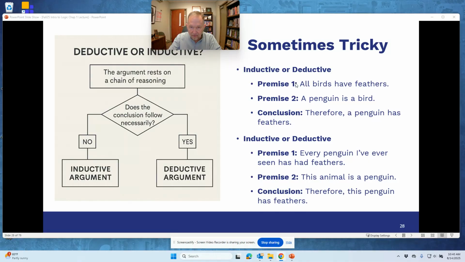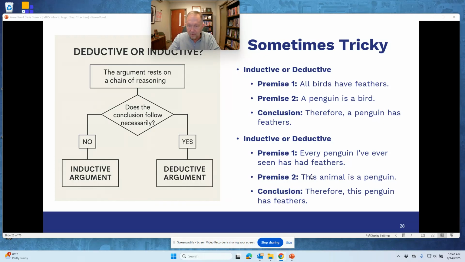Whereas this makes an inclusive claim that includes all birds have feathers, and this one is exclusive or qualifying. Every penguin I've ever seen has had feathers, right? This animal is a penguin.